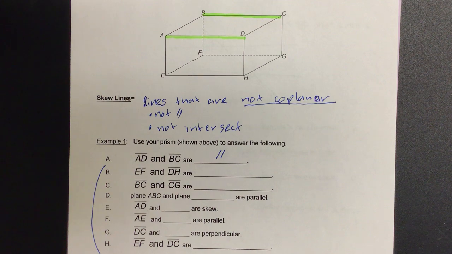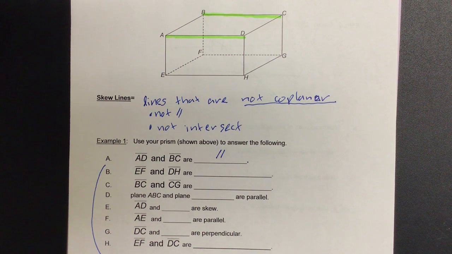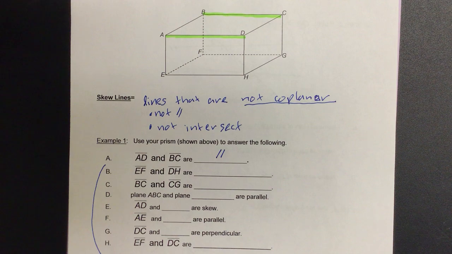Plane A, B, C, D, and plane E, F, G. But they touch. You're copying. A, D, and B, F. Let me figure it out.